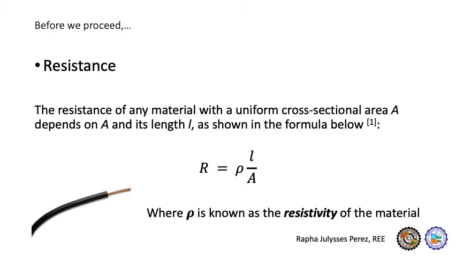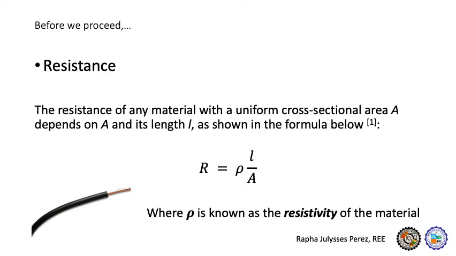Looking at this formula, the resistance of a material is directly proportional to its resistivity, and the resistance is also directly proportional to the length of the material itself.